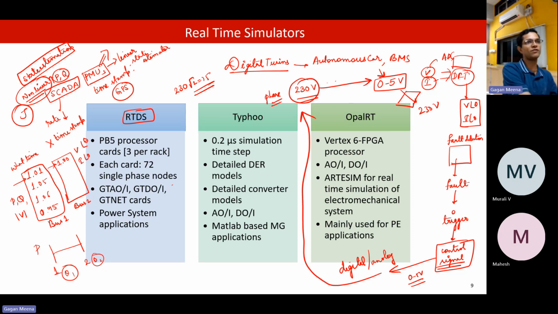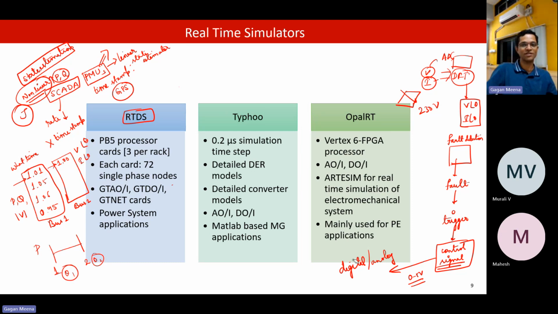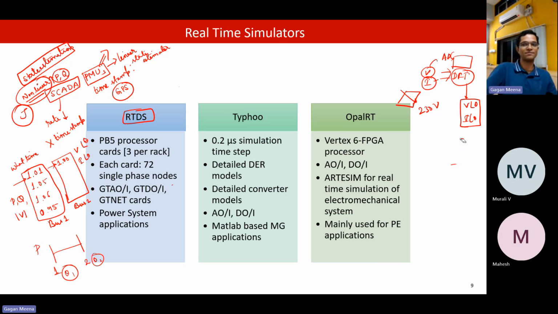Now if we wanted to test this relay on an actual system, and if the relay was not performing as per the desired specification, then the system would have been impacted. Before directly connecting any equipment to the system, we can do this type of analysis on a model of the system, which is created within these digital simulators.